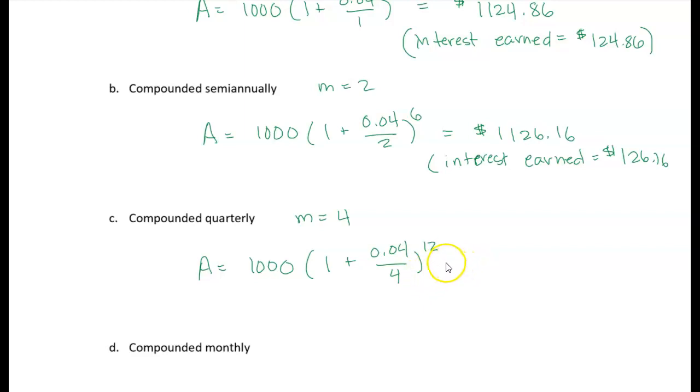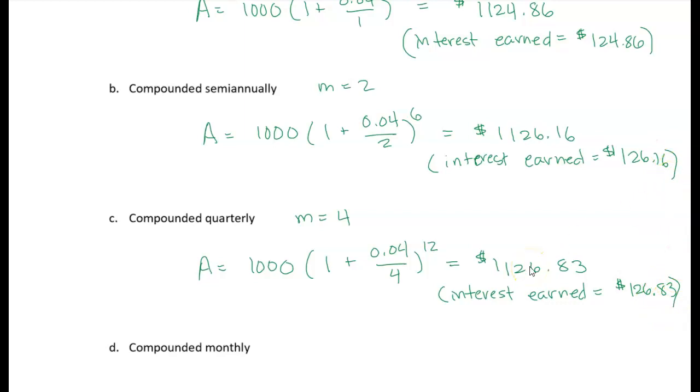If I put that into my calculator, I got $1,126.83. Woohoo! I made a little bit more. So this time the interest earned is 126.83. We earned about 73 cents more. That's not too bad.